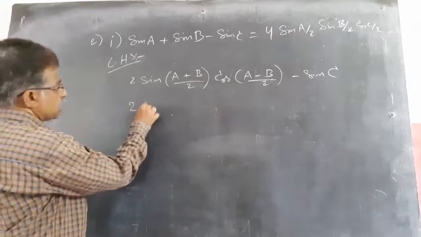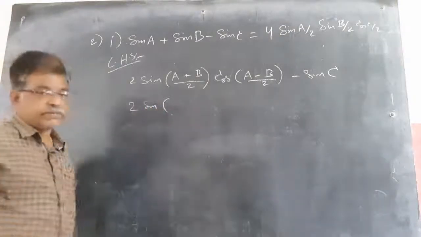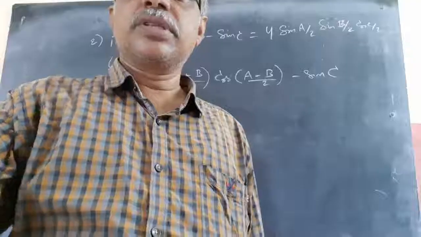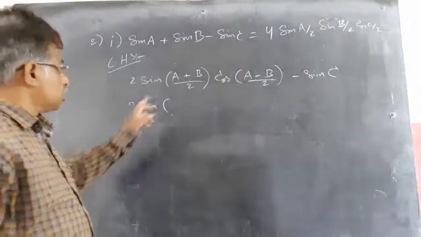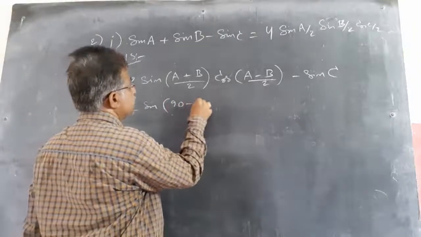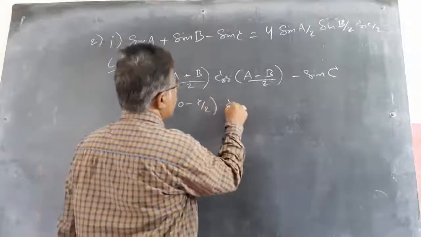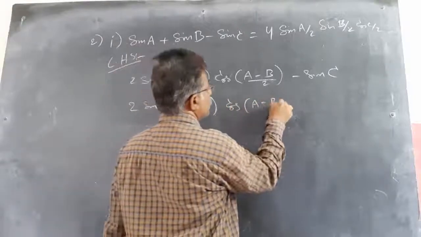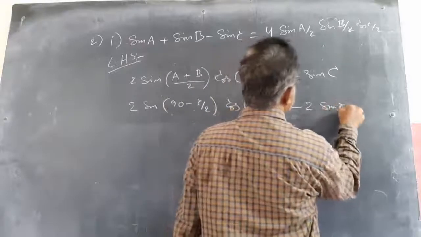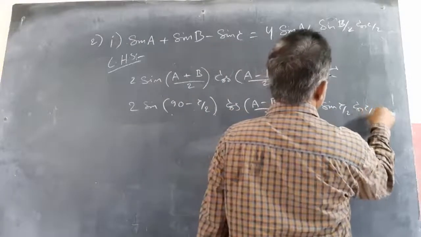Now this is sin of A plus B, means 180 minus C. A plus B means I can write 180 minus C, that is 90 minus C by 2 into cos A minus B by 2, minus sin C which I can write as 2 sin C by 2 into cos C by 2.